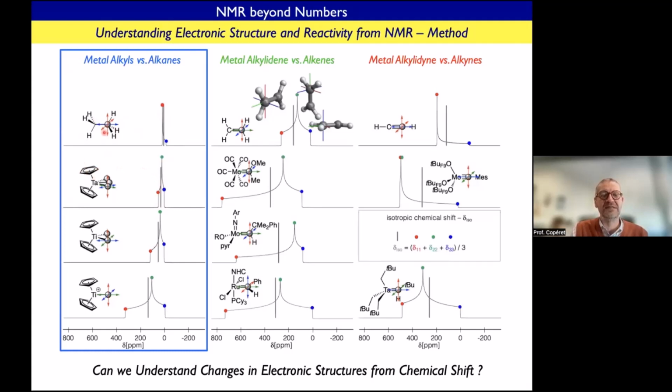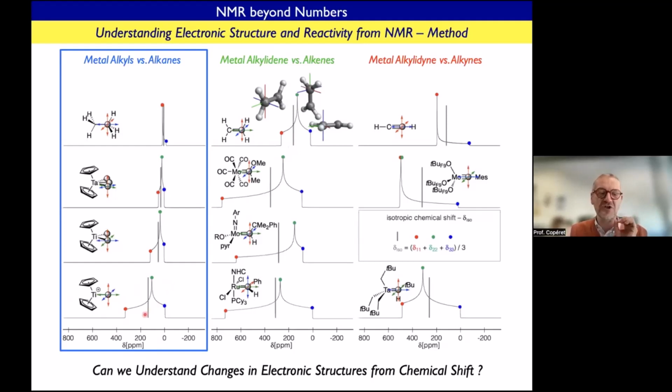If I go from this molecule to Cp tetraethyl trimethyl, this chemical shift tensor is a bit more anisotropic. When I remove one of the methyl groups, when I go to Cp2 titanium dimethyl, you can see that I have something a bit more anisotropic. And if I remove one more methyl group and put a positive charge, I get a chemical shift tensor for an sp3 carbon that looks to me like an sp2 carbon.